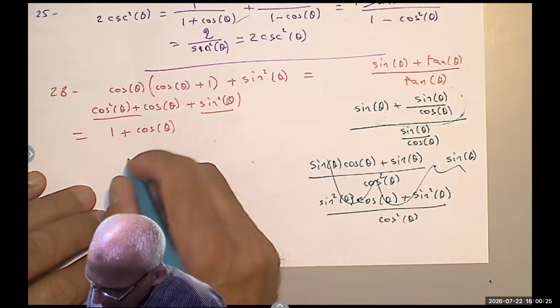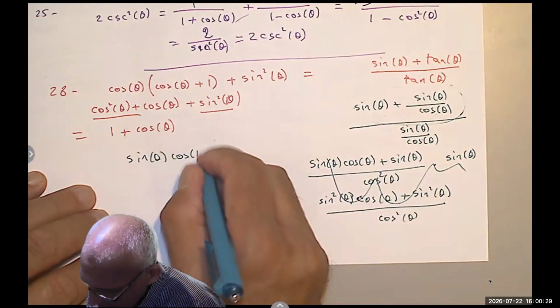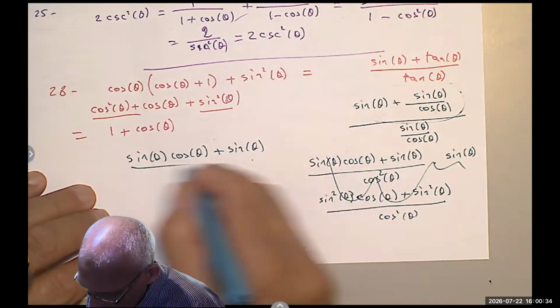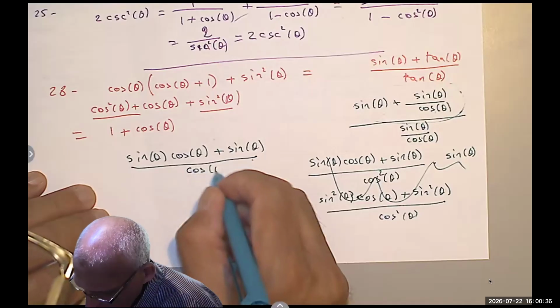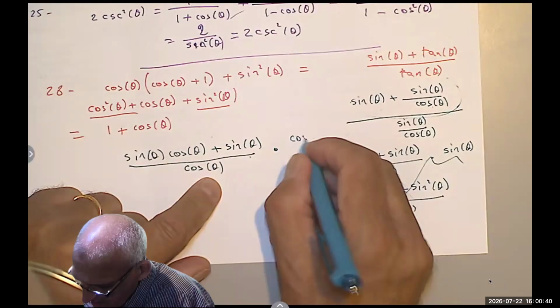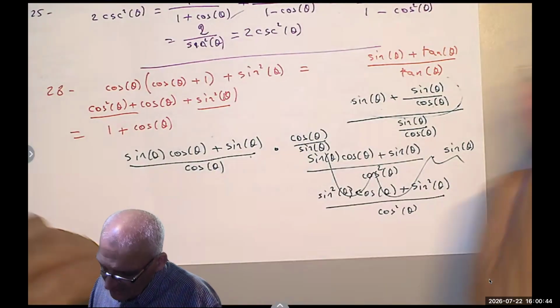Let's do it again. Sine theta cosine theta plus sine theta over cosine theta. That's the numerator. And then you divide by sine, so you multiply by cos theta over sine theta. These cancel.